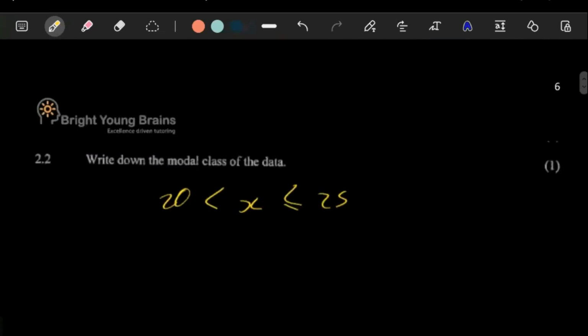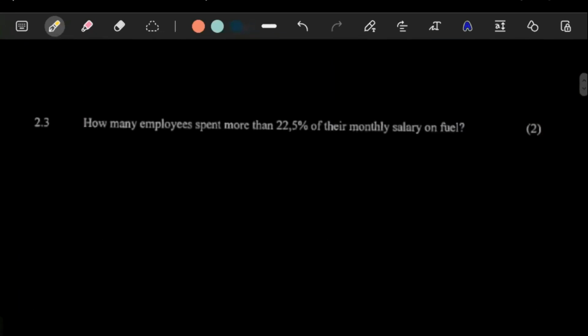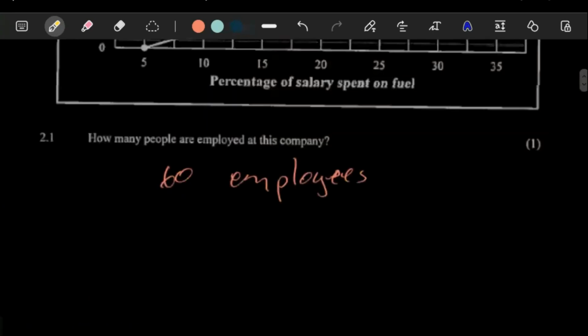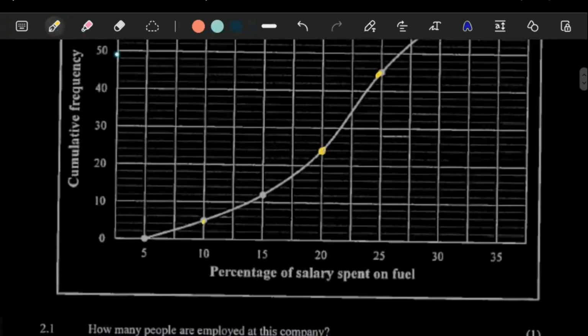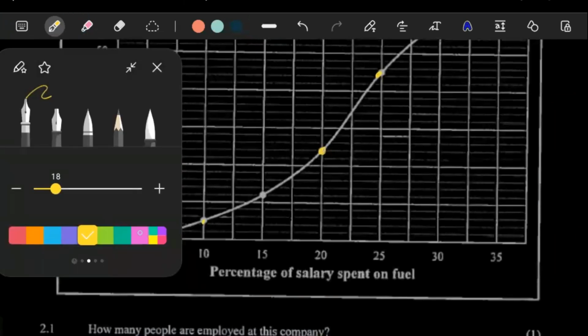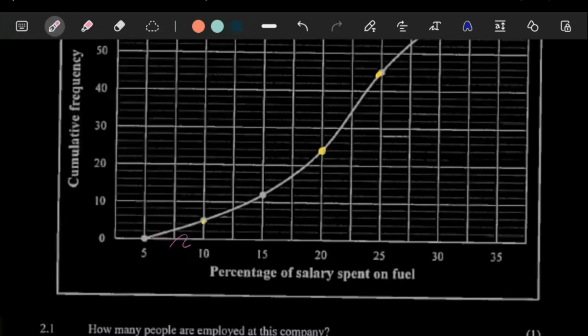And then it says here, how many employees spent more than 22.5% of their monthly salary on fuel? So what you want to remember is, in the middle of all these classes, here in the middle, you have 7.5, because it's 5 plus 10 divided by 2.